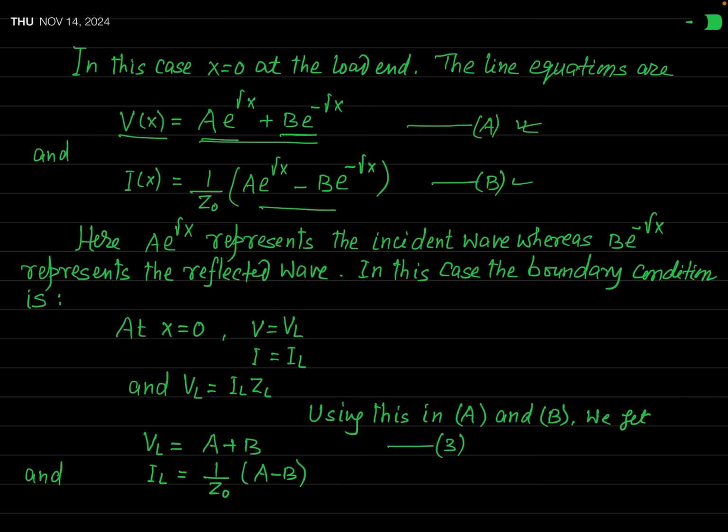Now the boundary condition will also change, because you have considered x equal to 0 at the load end, and at the load end the voltage is VL and the current is IL. Therefore, if ZL is the load impedance, then VL will be equal to IL times ZL in accordance with Ohm's law: the product of current and impedance is equal to voltage.